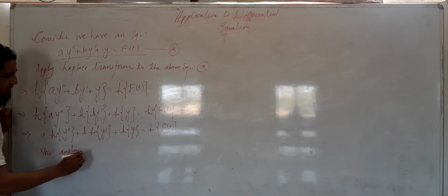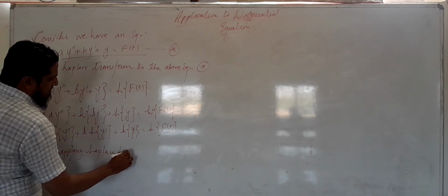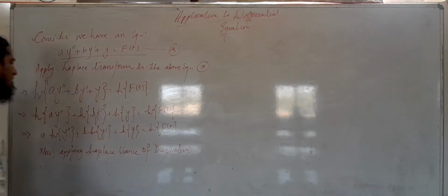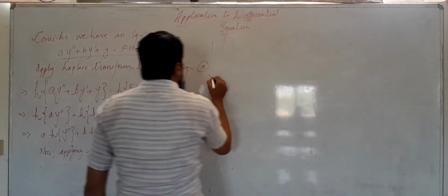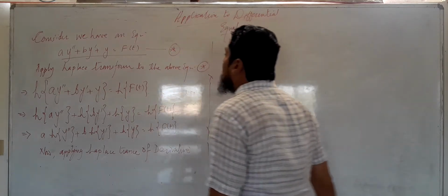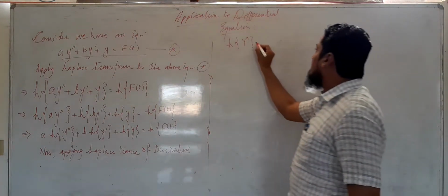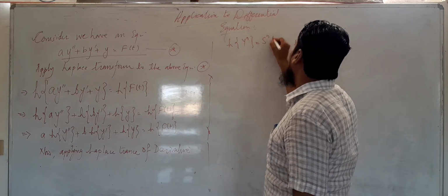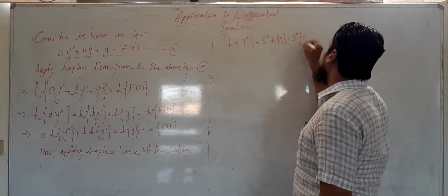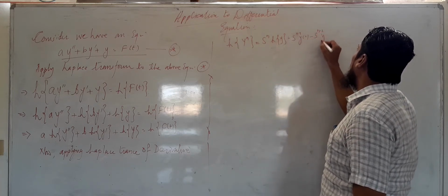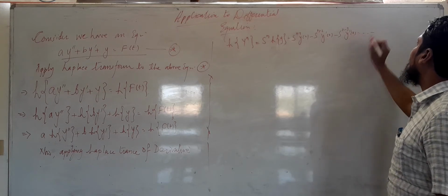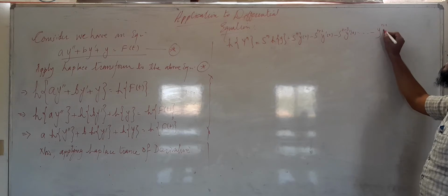We know that Laplace transform of y raised to n is equal to s raised to n Laplace transform of y, minus s raised to n minus 1 y of 0, minus s raised to n minus 2 y dash of 0, minus s raised to n minus 3 y double dash of 0, and similarly in this way up to y raised to n minus 1 of 0.